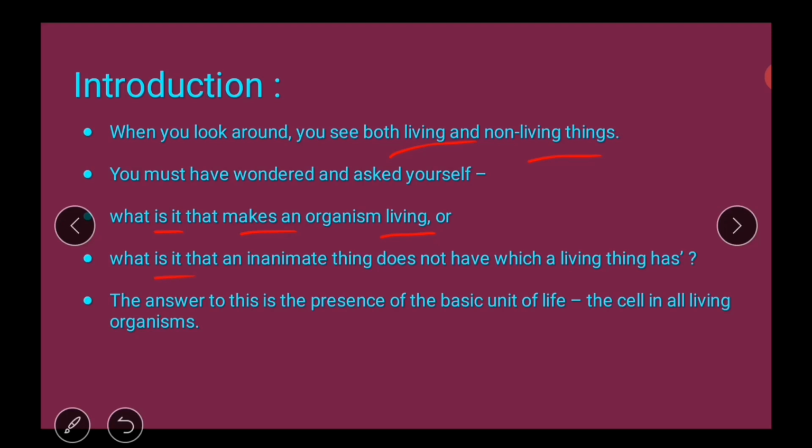What is it that an inanimate thing does not have, which a living thing has? Inanimate thing here means non-living things. What is it that a non-living thing does not have, and a living thing has?